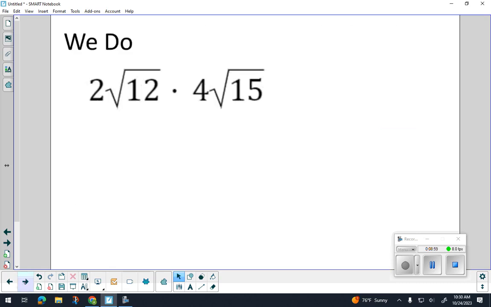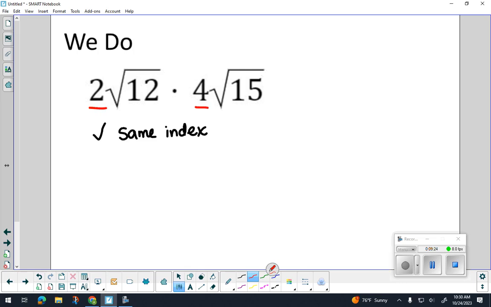All right, so let's do this first one together, y'all. We're going to follow our steps that we have always been trying to follow, which means, do they have the same index? Yes, they're both square roots. So I can say check to the same index. Next, we need to multiply the numbers that are outside of the radical.